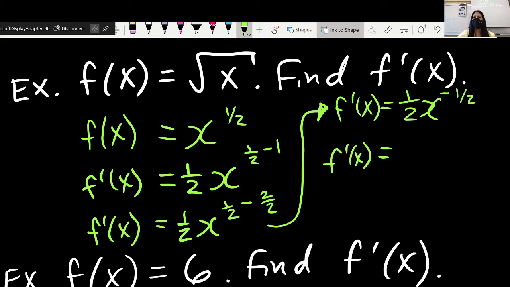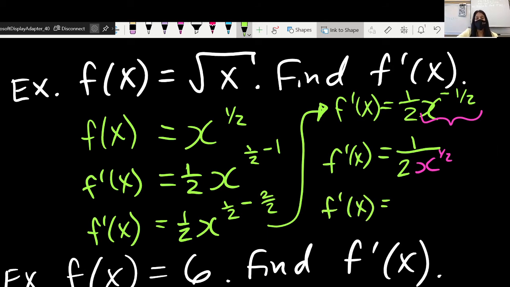Okay, so let's do this. I still have the 1 over 2, so I'm going to have 1 over 2, right? If we want to make this part a positive exponent, I've got to move the x to the bottom. Everybody good with that? So it'd be like x to the 1/2.